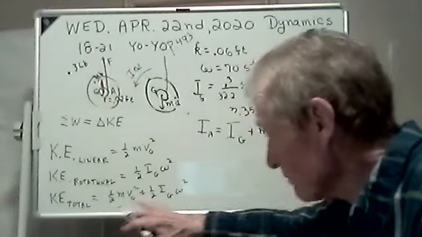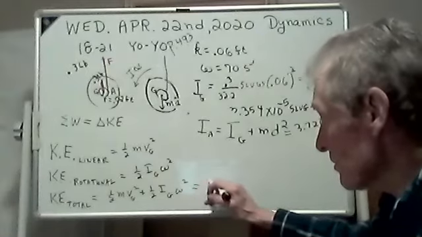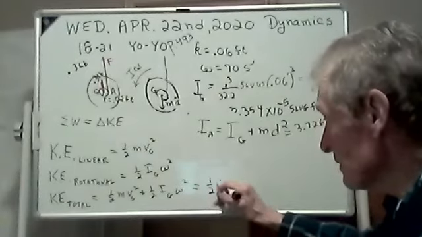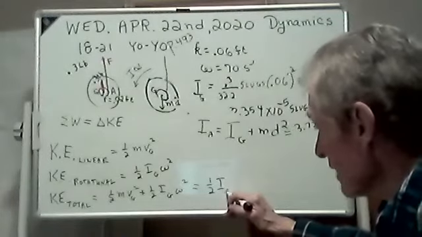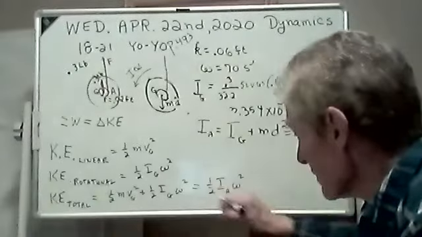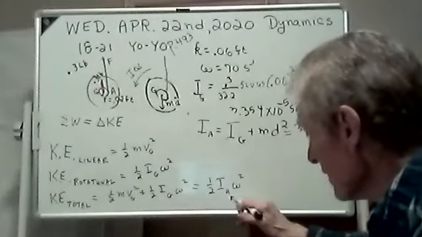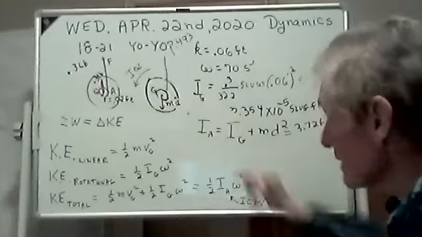Instead of having to figure these separately and add them up, the total is also equal to 1/2 I, in this case, I of A, omega squared. This A here has to be your ICZV, and it is.